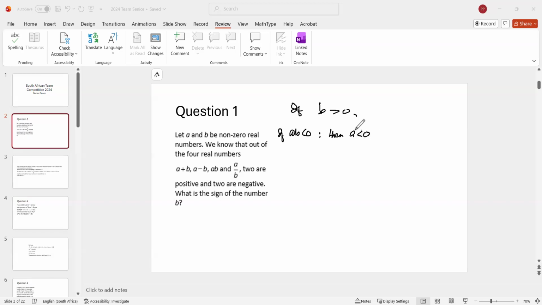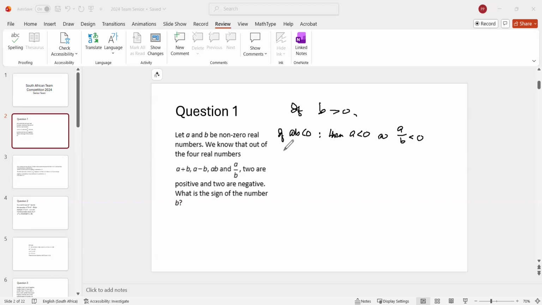And now you got A is negative and B is positive, and so is A over B, because A is negative and B is positive. Now this is not possible because you can't have three negatives. It is given that only two of them are positive.